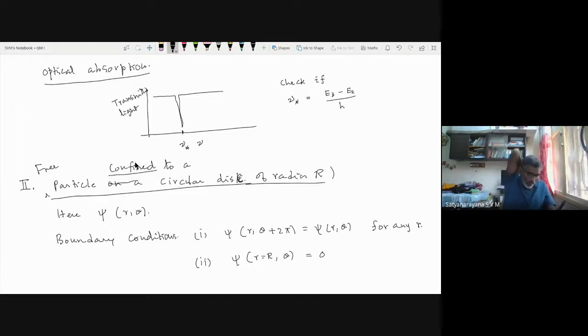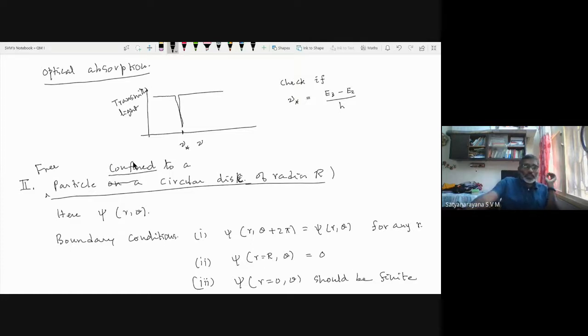We must also say that we should not have any function that goes to infinity, because our wave functions have to be normalized. So psi at r equal to 0 should be finite.